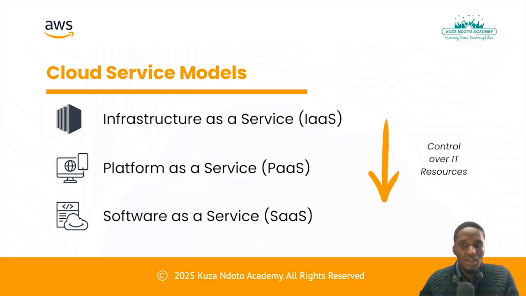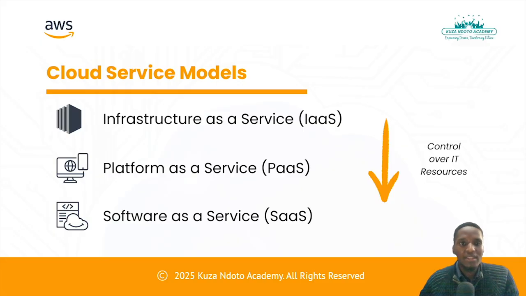You have to install the operating system, deploy applications, and manage configurations. It's like renting an empty apartment, right? The space is yours, but you bring the furniture. A good example of this is Amazon EC2, if you are already familiar with the AWS cloud.